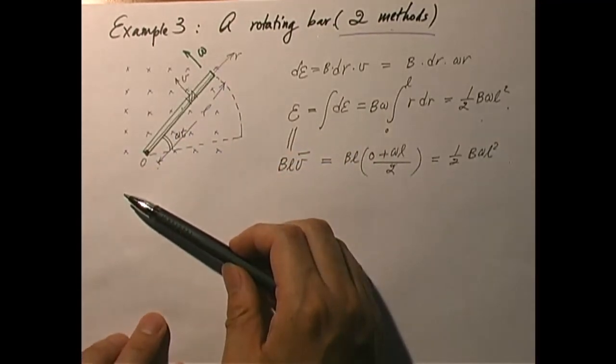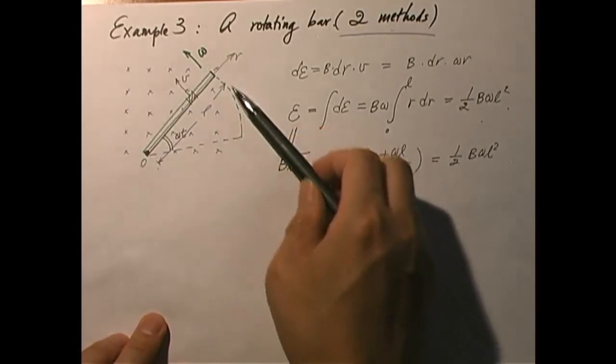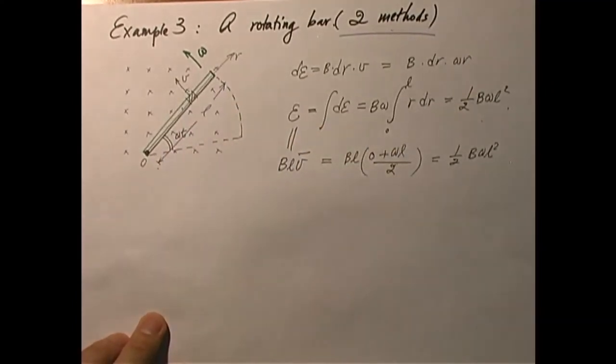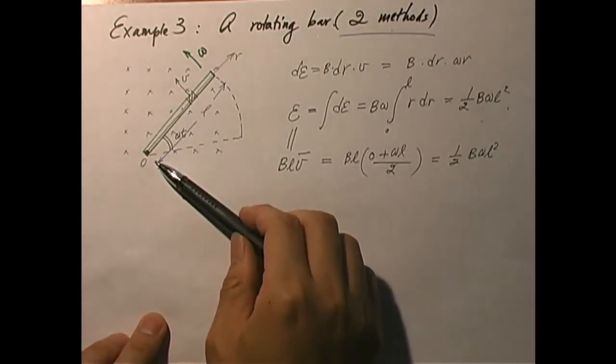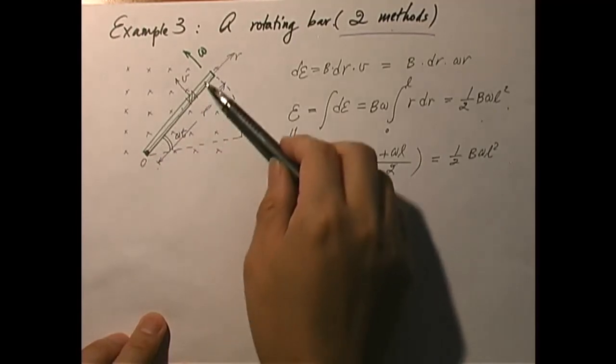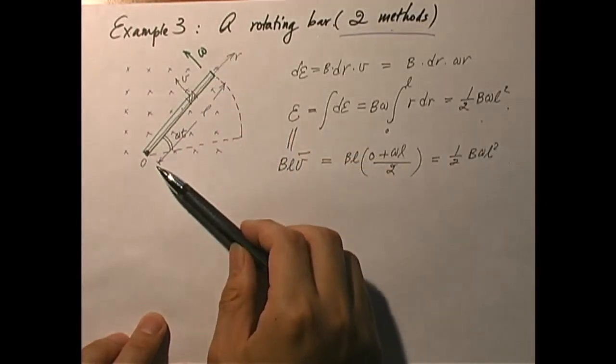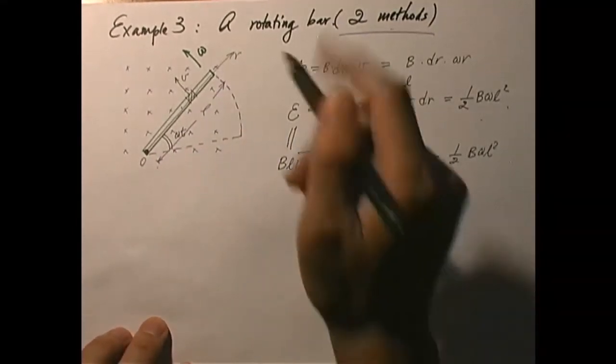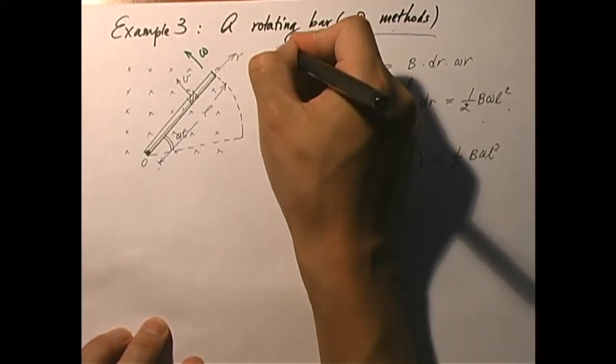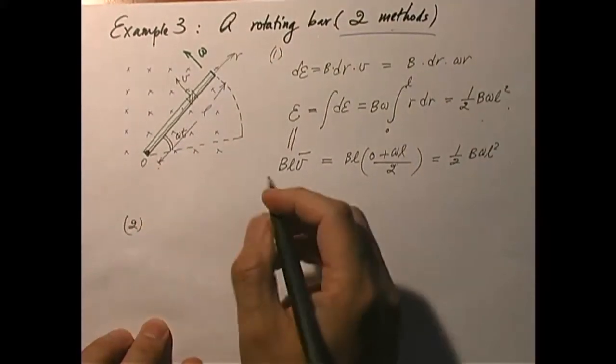What I need to do is find the magnetic flux going through this area, and then I'm going to see how it changes. What is the rate of change of that flux over that area? That should be epsilon, right? So that was method 1, and over here I find method 2.